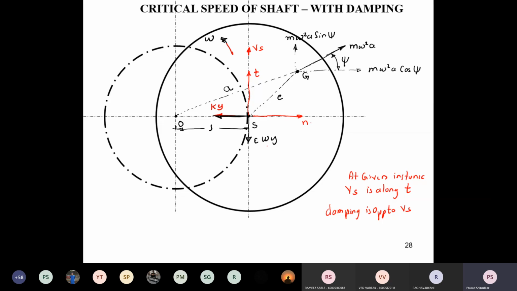And then just construct a rectangle, and the diagonal of this will be the resultant of that. This resultant is not aligned with anything. Nothing is aligned. It might appear aligned, but it is not aligned.